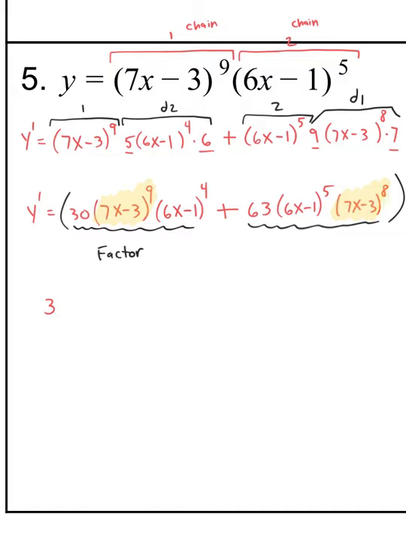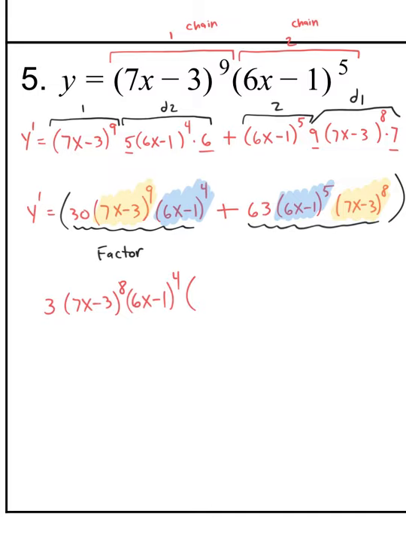So the smallest power that we have is 8. So I can pull out 7x minus 3 to the 8th. All right, now next I have 6x minus 1's on each side. I have 4 over here, and I have 5 over here. So I can pull out a 4, the smallest power that I have. So 6x minus 1 to the 4th.